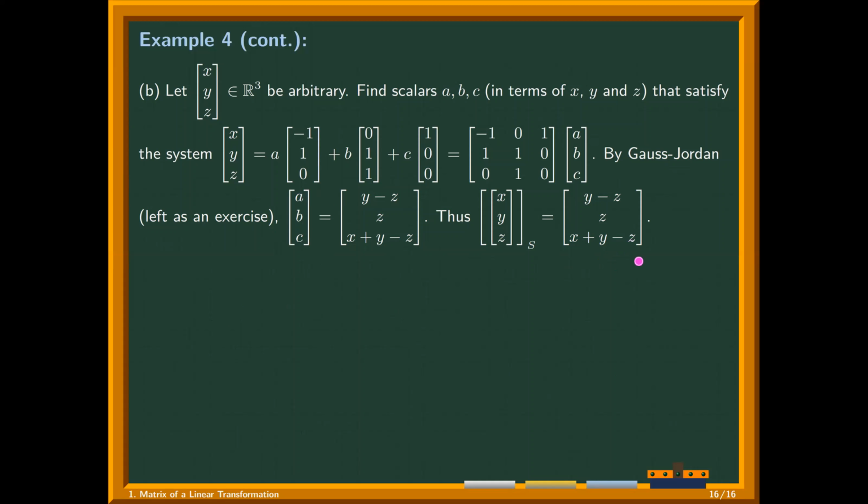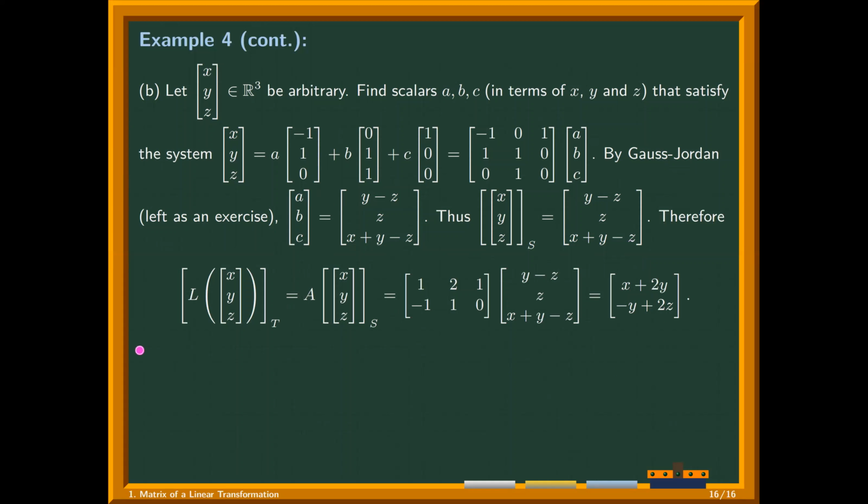So using this, we can now determine the coordinate vector of the image of (x, y, z) under L with respect to T. Okay, we just multiply A to the coordinate vector with respect to S of the given vector. So plug in the values for matrix A, and for the coordinate vector, we obtain this whose product is equal to the 2-vector with entries x + 2y and -y + 2z.